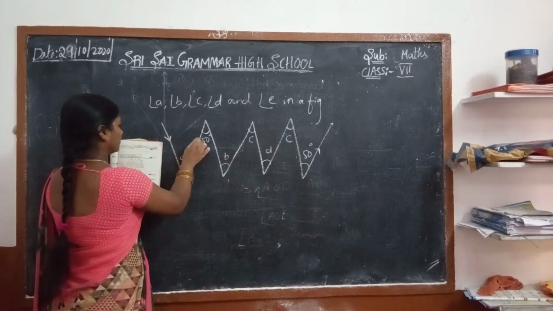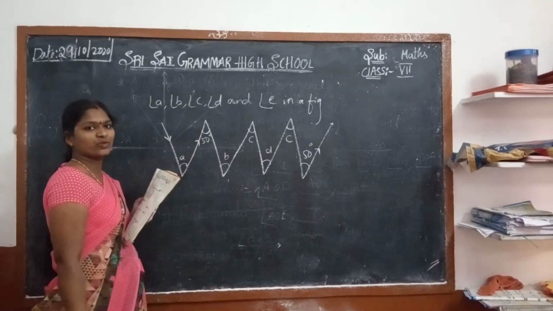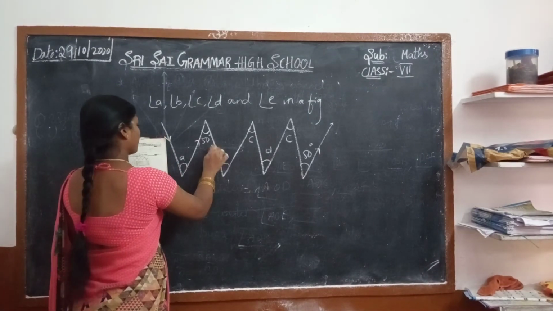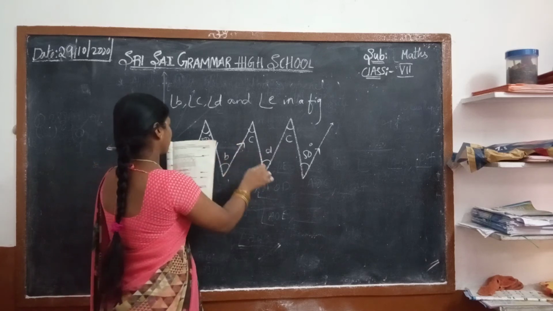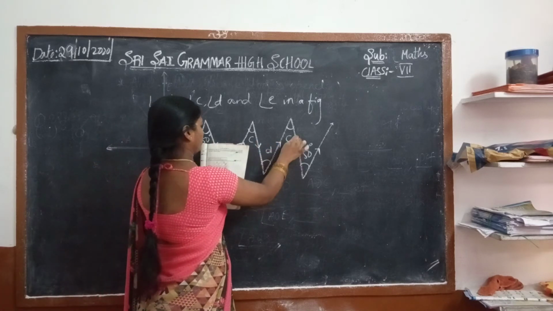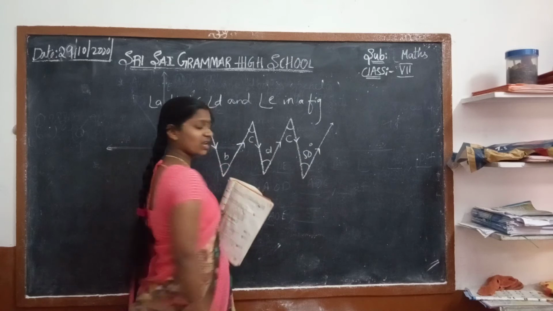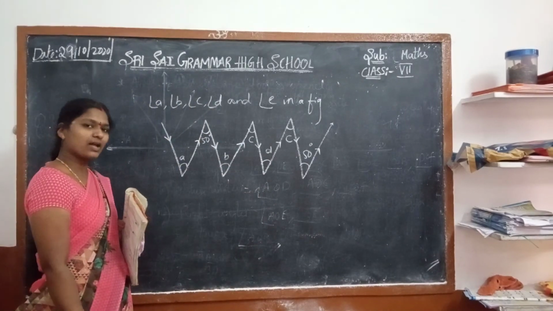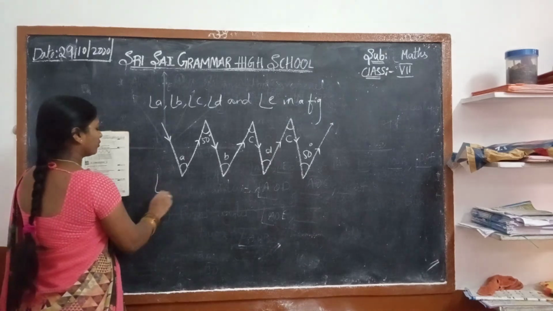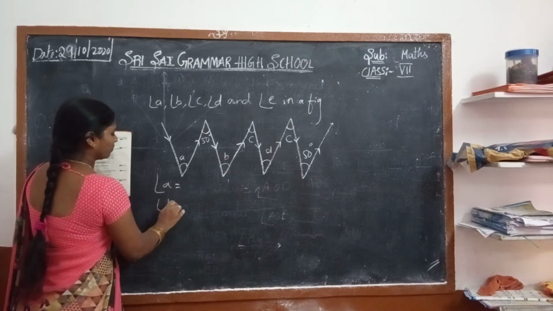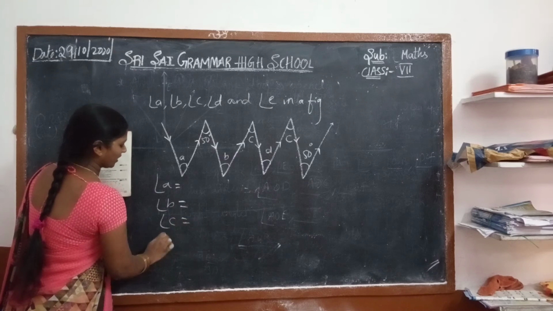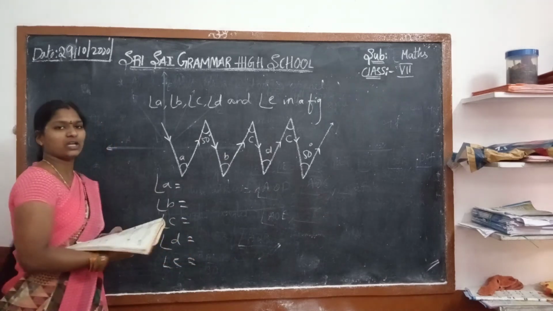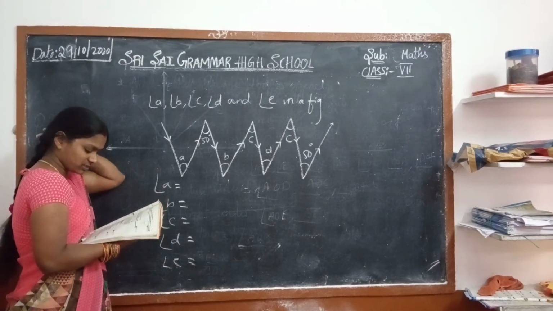Now here they have given arrow marks which represent that they are parallels. Now we have to find angle A, angle B, angle C, angle D, angle E. How much is it equal?